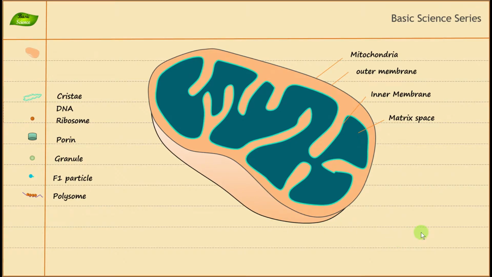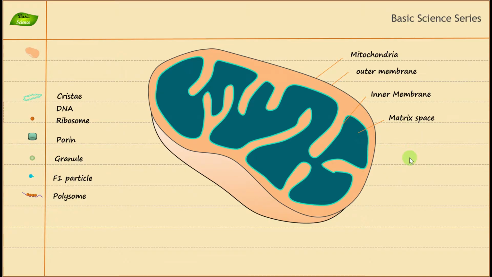Next, the important point to remember is the inner membrane is rich in many enzymes, coenzymes, and other components of the electron transport system. We're not going to discuss in detail the biochemistry of this organelle here. I'm just going to focus on the structural components and their functions.